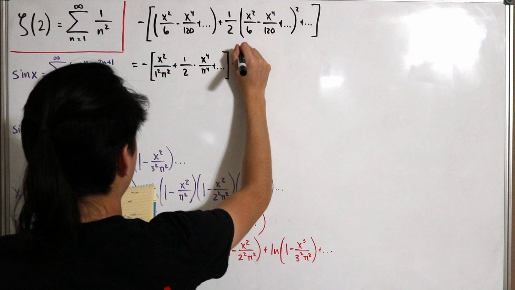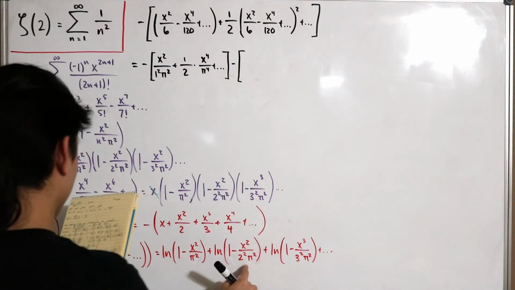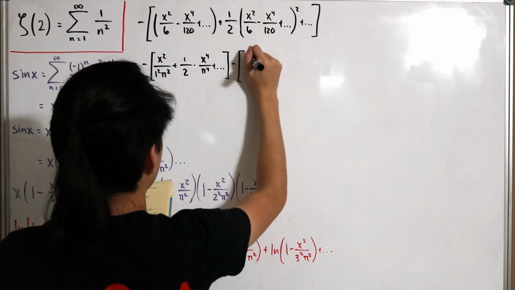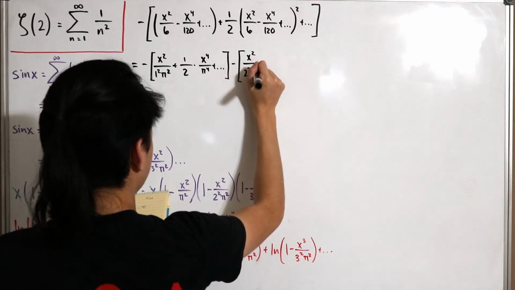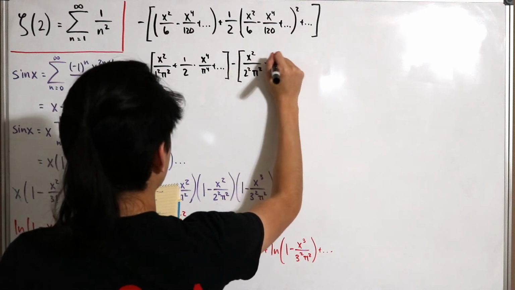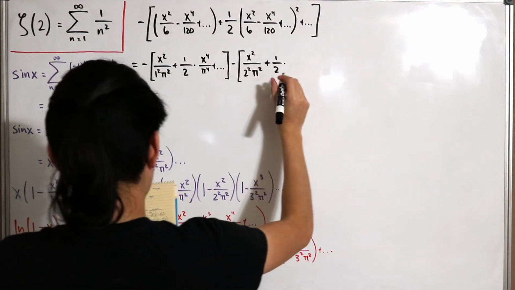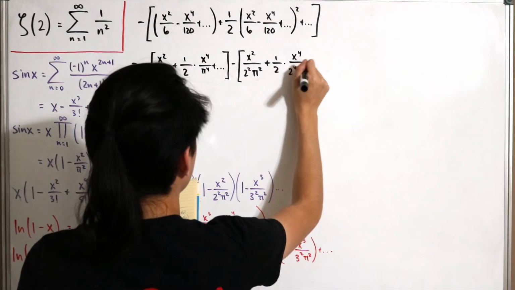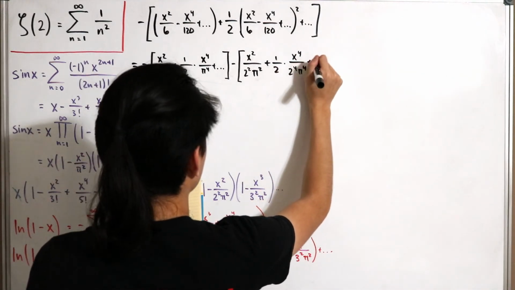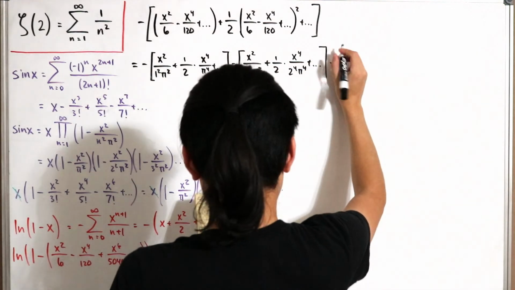Okay, subtract. We do the same thing again for over here. We're using this input, so we have x squared, then divided by 2 squared pi squared. Add this with 1/2. Multiply by x to the 4th, then divided by 2 to the power 4 times pi to the power 4. Now, how about I write out one more term?